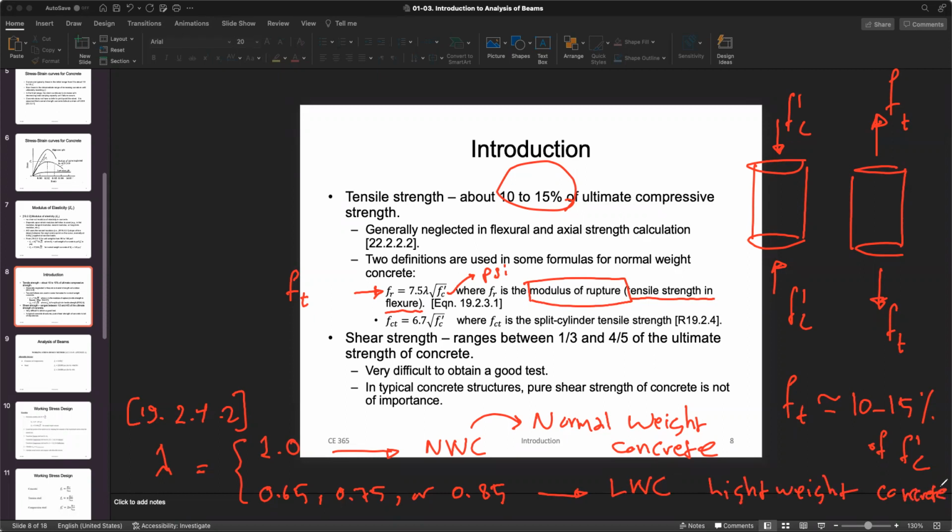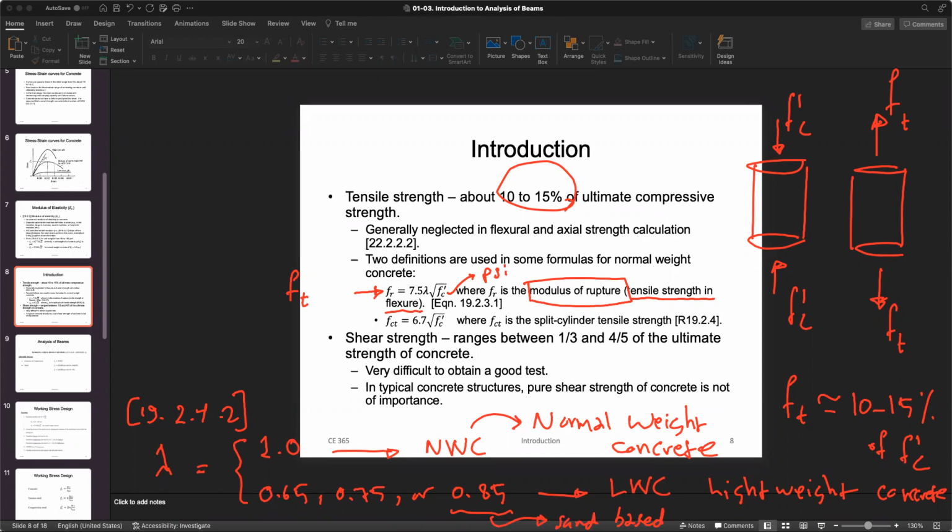There are three different numbers because it depends on what type of lightweight concrete you are dealing with. You've got to look at that code, but if it is sand-based, this would be the one we're going to select. But if it is not sand-based, again, we're going to have different scenarios.